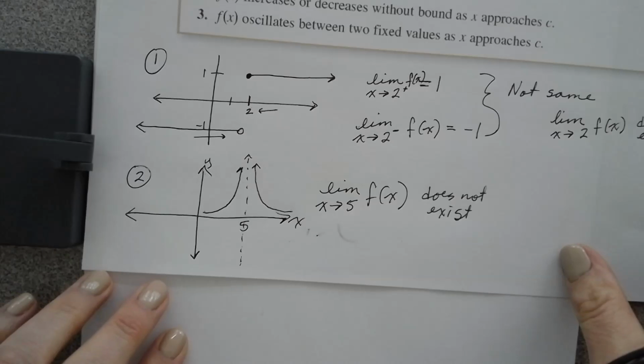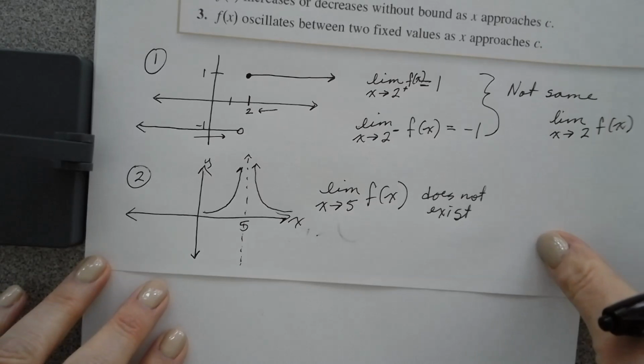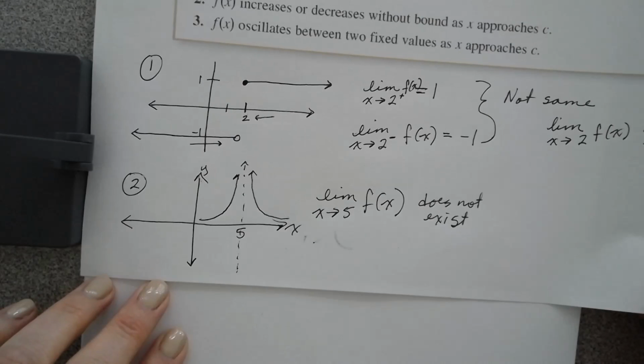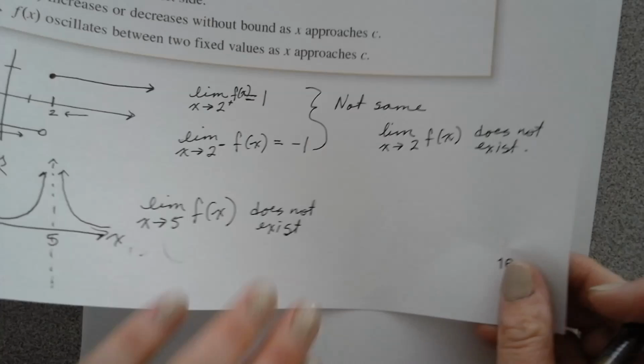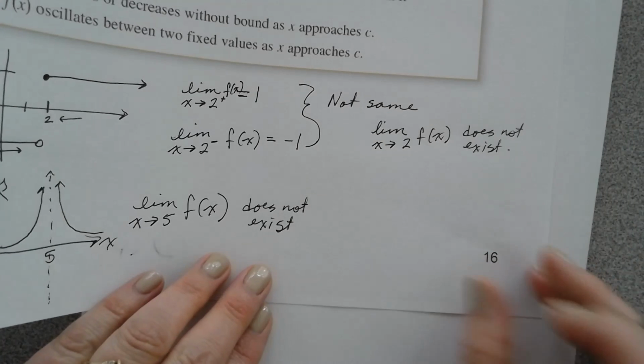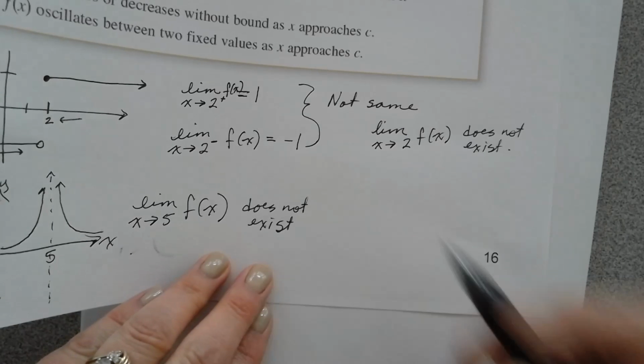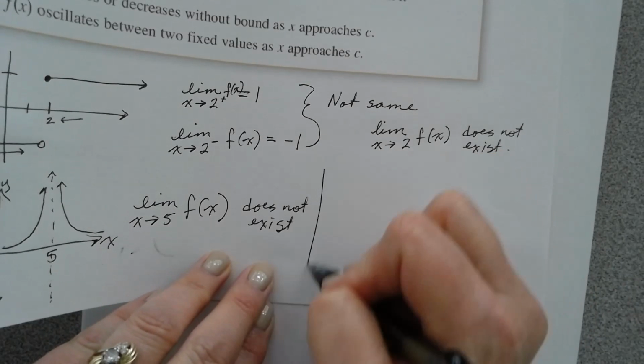And then the third reason is if a function oscillates between two fixed values as x approaches c. Examples of that would be sine and cosine functions.